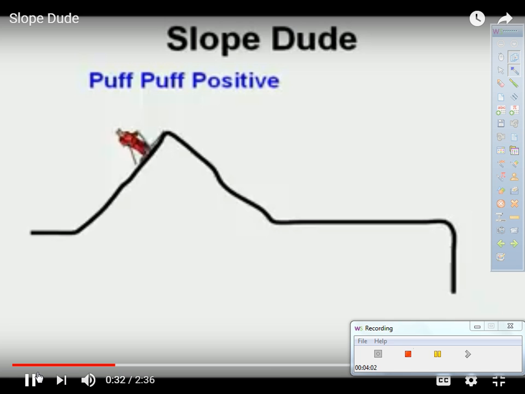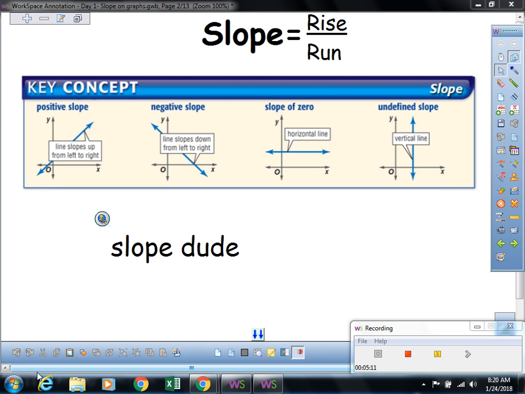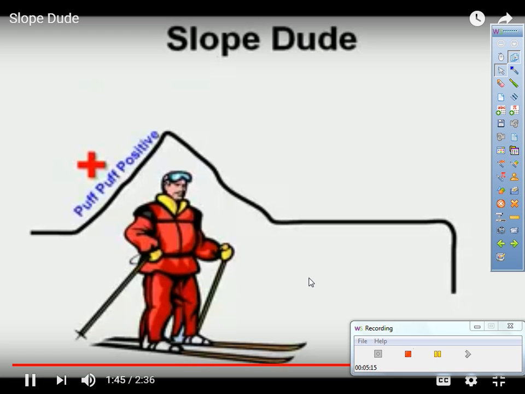He finds a slope this straight down and so frightened is he that he says the worst curse word possible in math and in algebra. Undefined! This has been the Adventure of Slope Dude. Remember always what he said during his ski trip. Up the hill or up the slope, he said, "Pup."